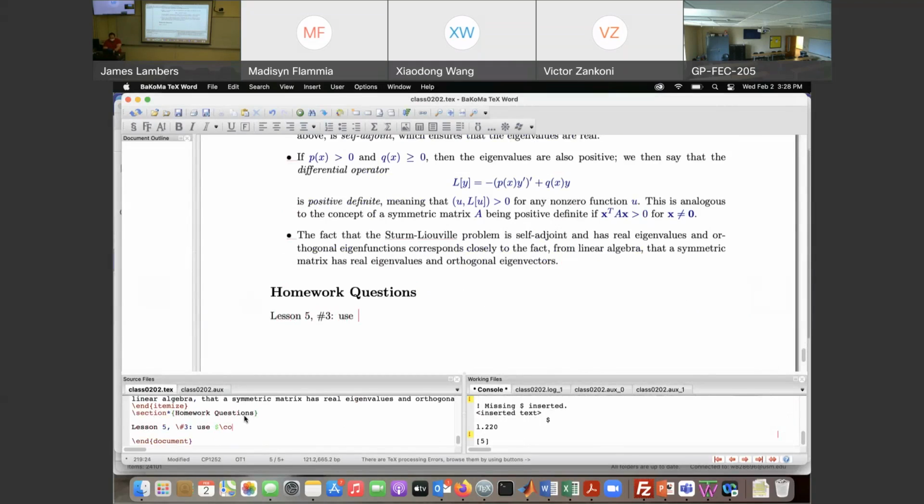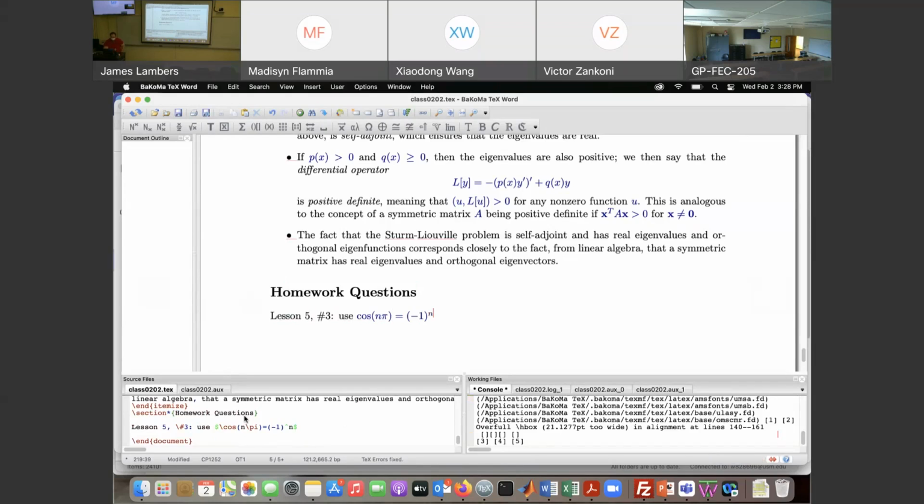This expression, cosine of n times pi, which comes up fairly often, is in fact equal to (-1)^n, because what you'll end up with is a piecewise formula. You get one expression for n odd, one expression for n even.